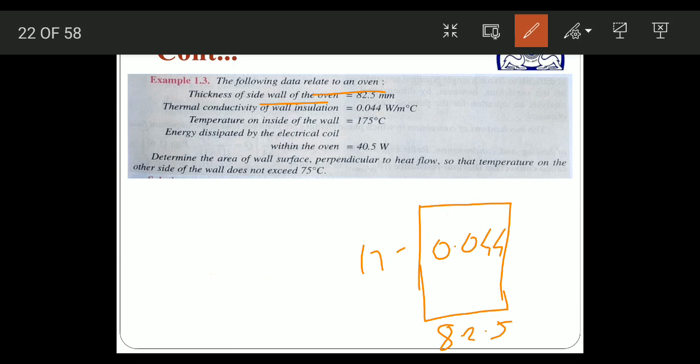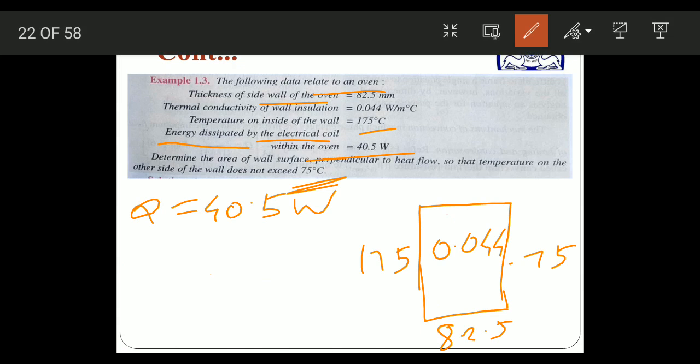Heat transfer coefficient 175. Outer surface temperature 75 is given here. After that, the energy dissipated by the electric coil, that is Q, is given here, 40.5 watt. What you have to calculate? Determine the area of the wall surface perpendicular to the heat flow.